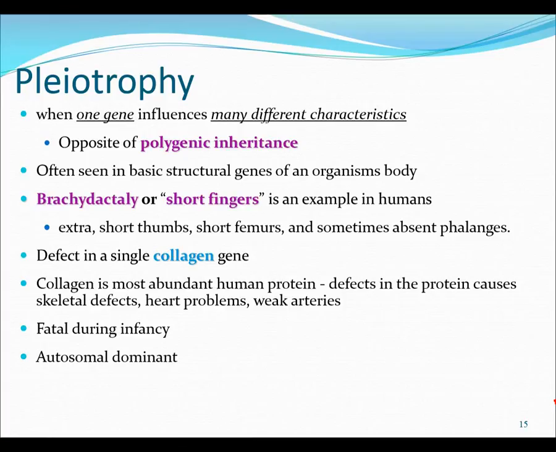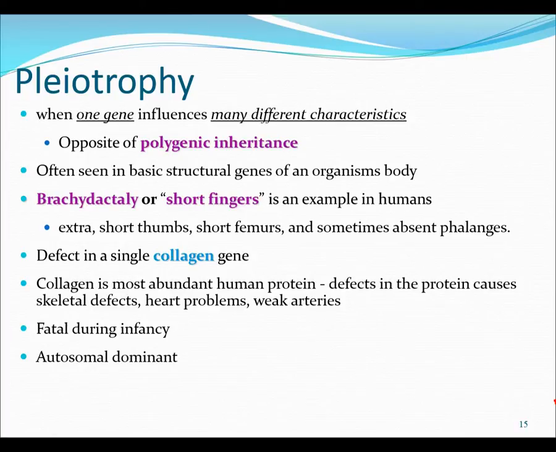If you remember from the end of Mendelian genetics, we talked about autosomal dominant disorders and autosomal recessive disorders. Well, this is an example of an autosomal dominant disorder. Remember, anytime we say the word autosome, we're saying any chromosome other than a sex chromosome.